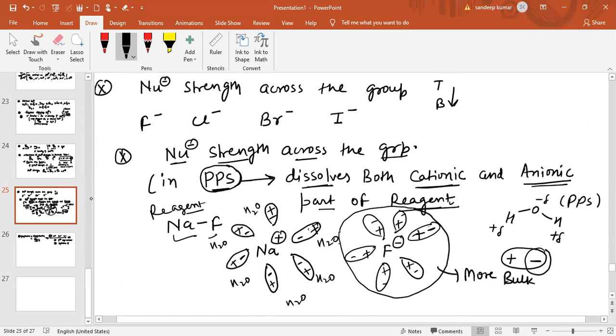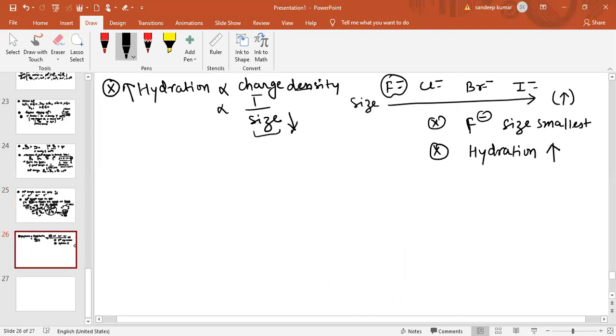When it is more bulky in size, it is difficult for the movement of F minus because of bulky size.